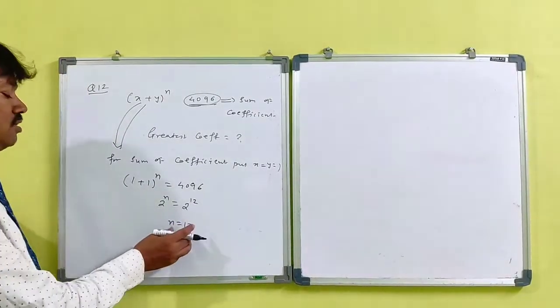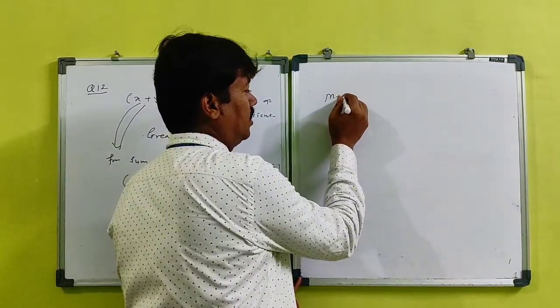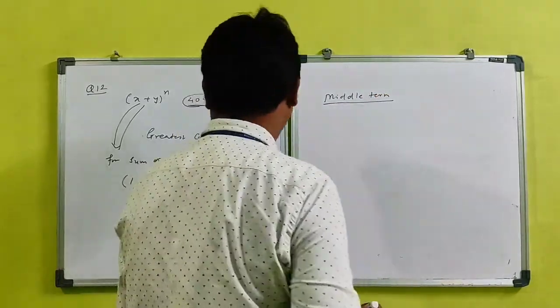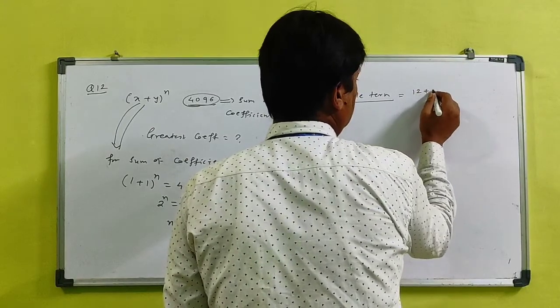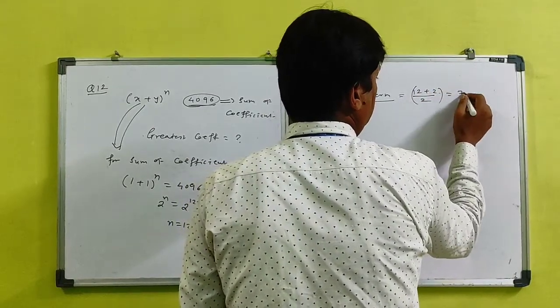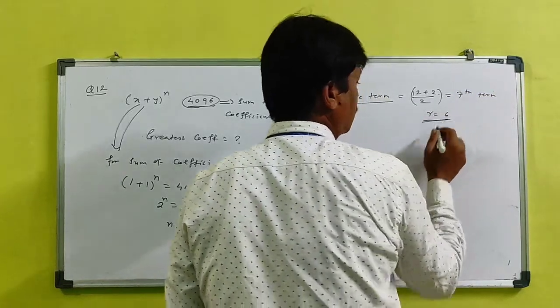And when n is equal to 12, there is a middle term, which will be 12 plus 2 upon 2, that is the 7th term. So r is equal to 6.